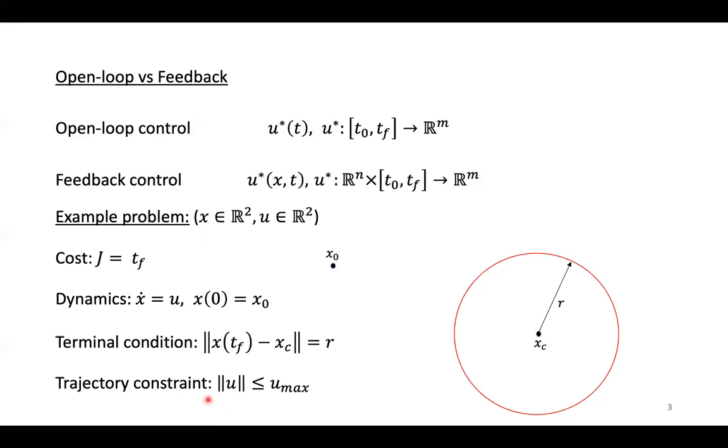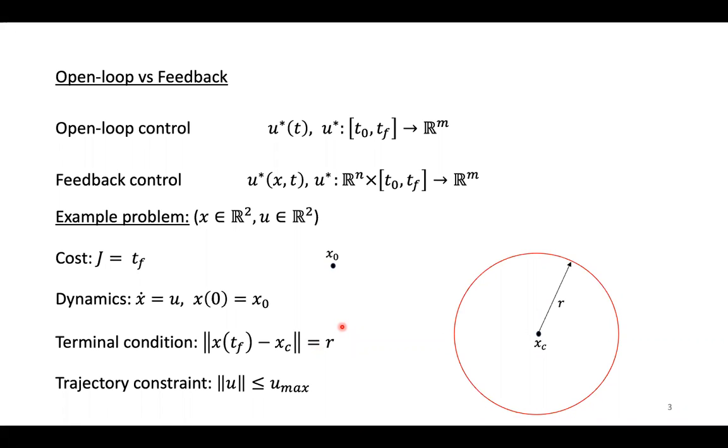And I have a bound on the magnitude of the velocity, which is u max. And since the terminal condition is to reach the circle surface, I can express the condition in this form, which is that the norm of the final state minus the center of the circle is within the distance r.